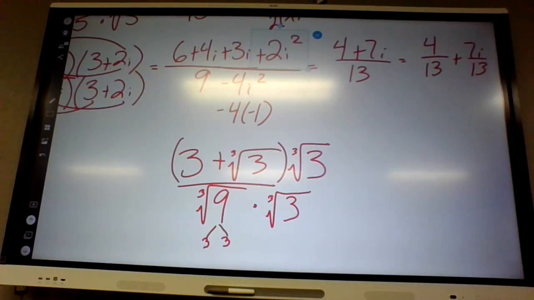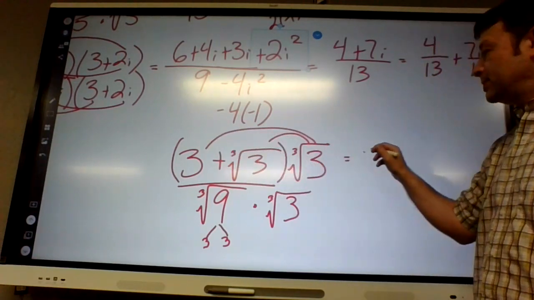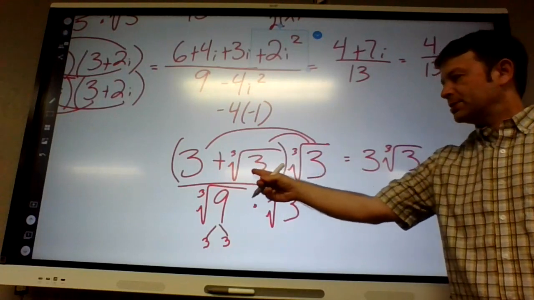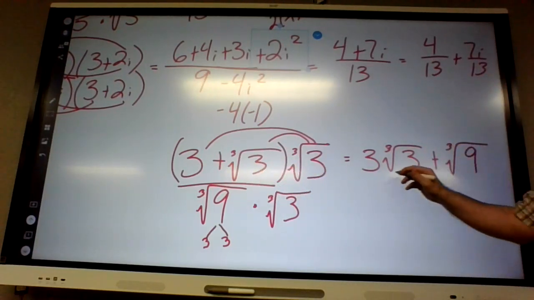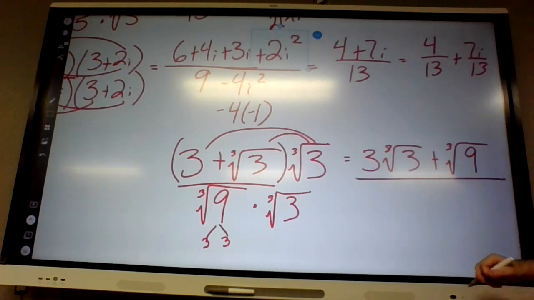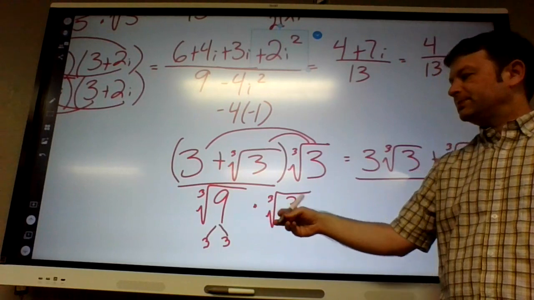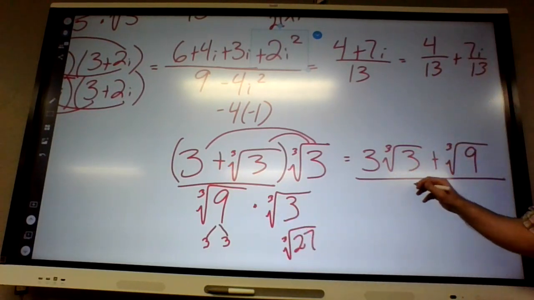So the top is distributing, so it's just 3 cubed root of 3, plus cubed root of 9, over, well, it's cubed root of 27, but what's that? 3.